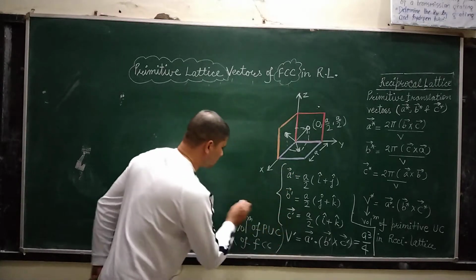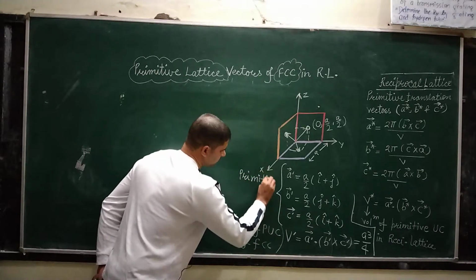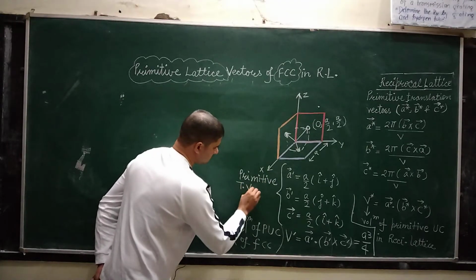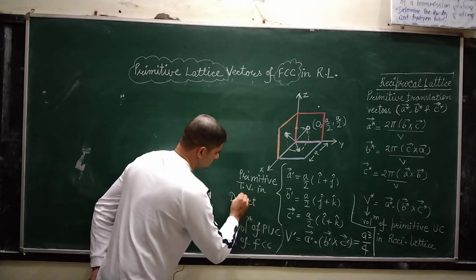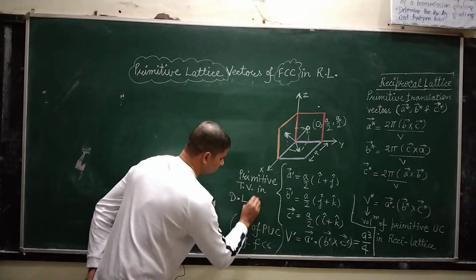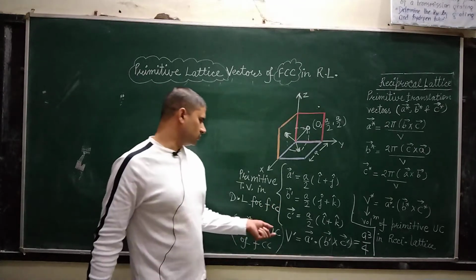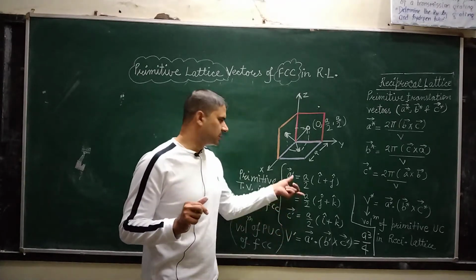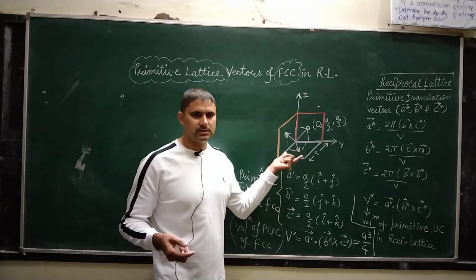So class, these are the primitive translation vectors in the direct lattice, DL, for FCC. You need not cram these things. If the whole picture is clear in your mind, then you can write them directly, because you know the position of the face centers, and it will help you.